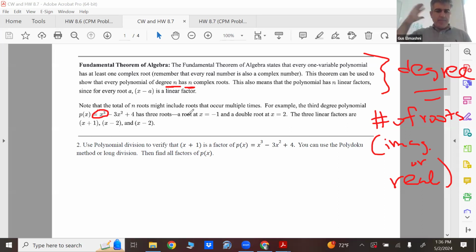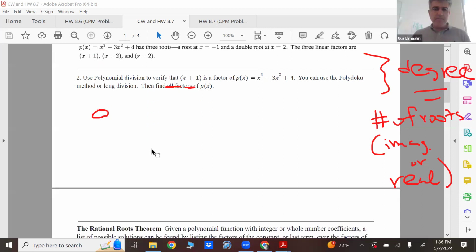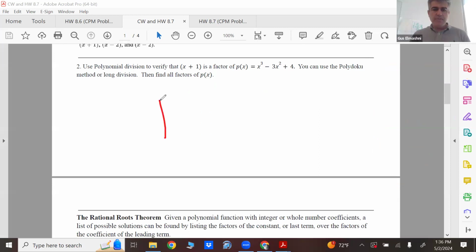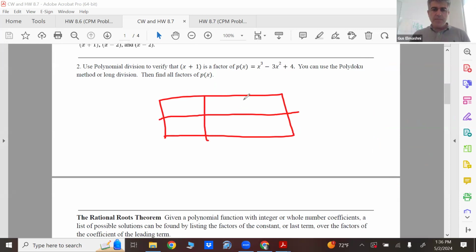So here, I expect 3 roots, right, for number 2. It says verify that x plus 1 is a factor of it. Okay, great. So you can just do this. So do 3 columns, x and 1, x cubed, and 4.